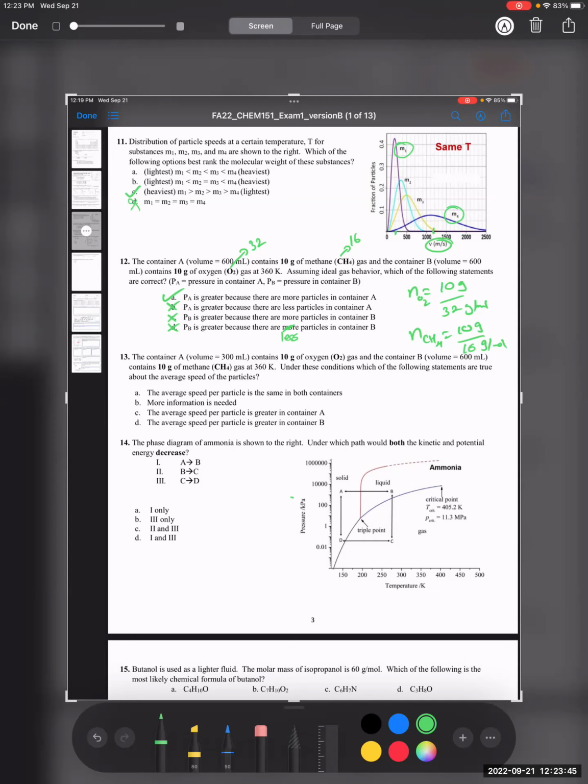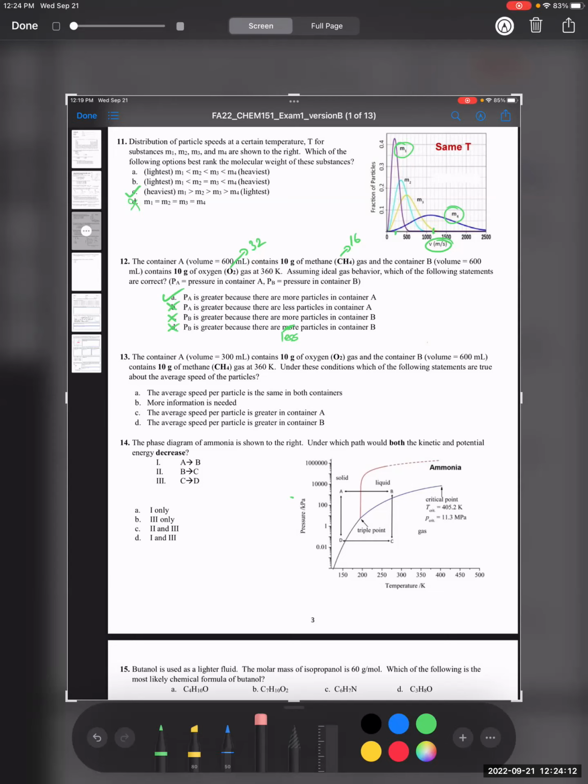All right, moving on to question 13. Container A contains 10 grams of oxygen, but the volume is 300. And then we have container B, volume is greater, but we have 10 grams of methane there.